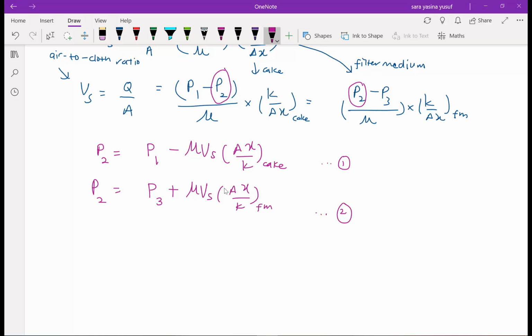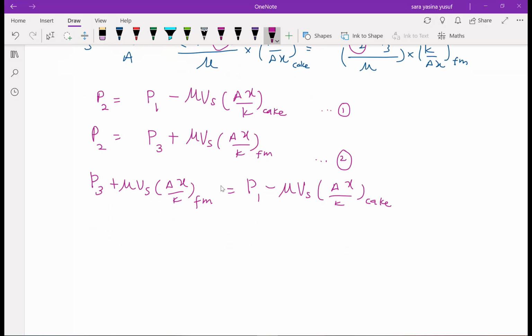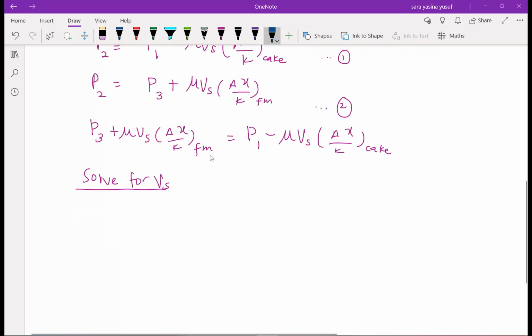So we will get an expression equal to P1 minus mu Vs, the expression in the cake or bed. Okay, next we want to solve for Vs. Okay, now we solve for Vs. So you can try this out on your own.